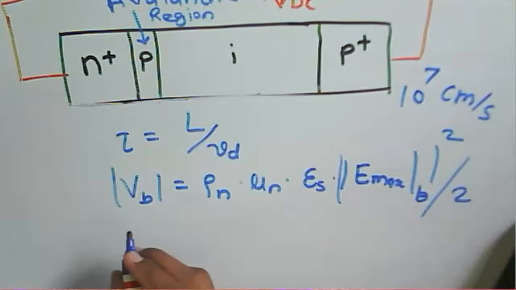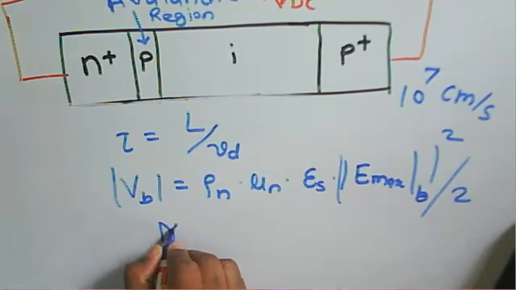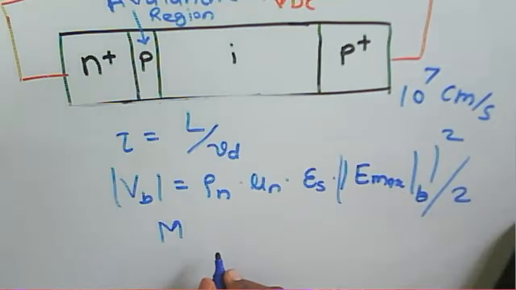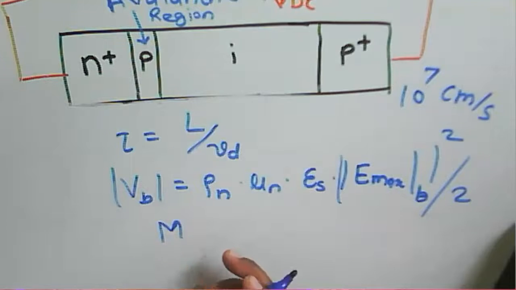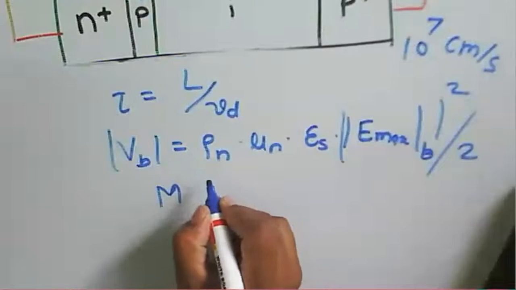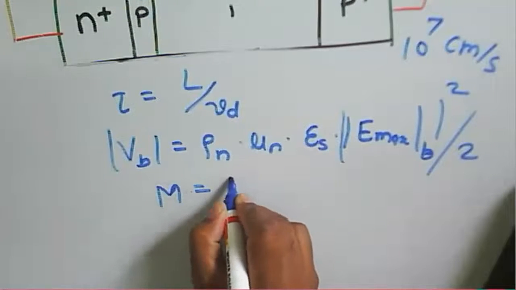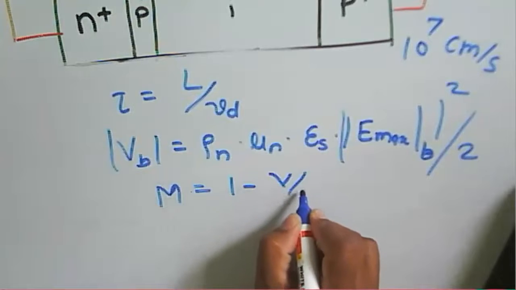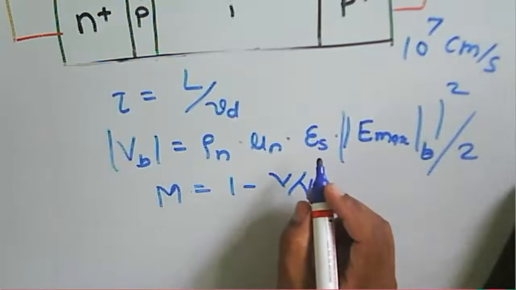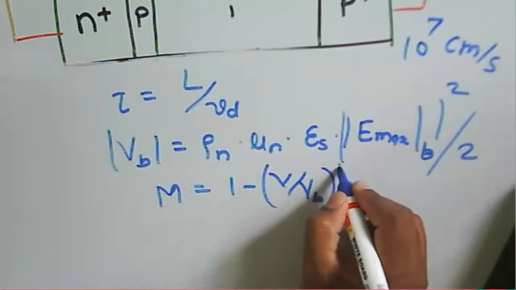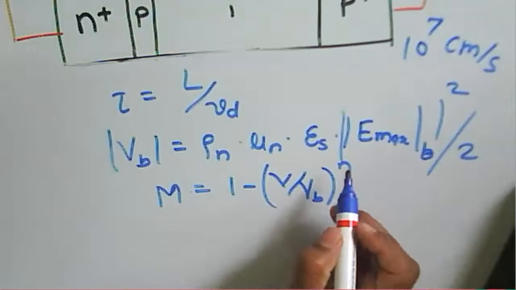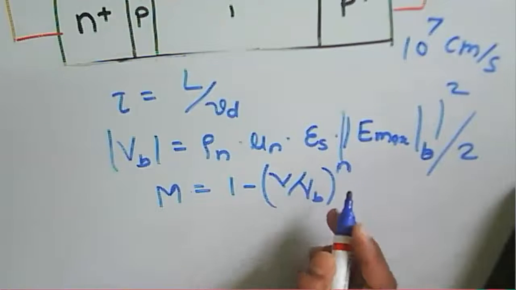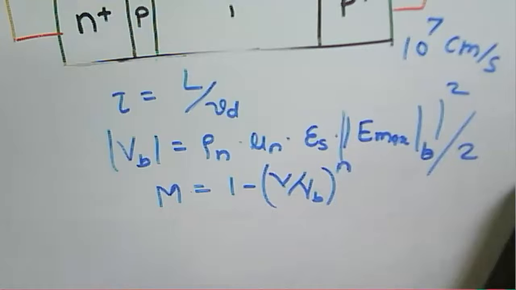The multiplication factor, or avalanche multiplication factor, depends upon the voltage we are applying and the breakdown voltage. The value of n depends upon which material is used for manufacturing this Read diode.